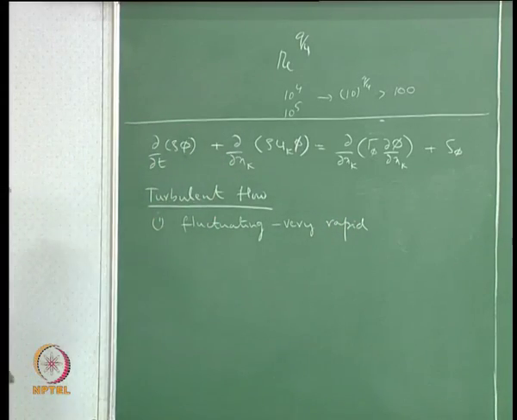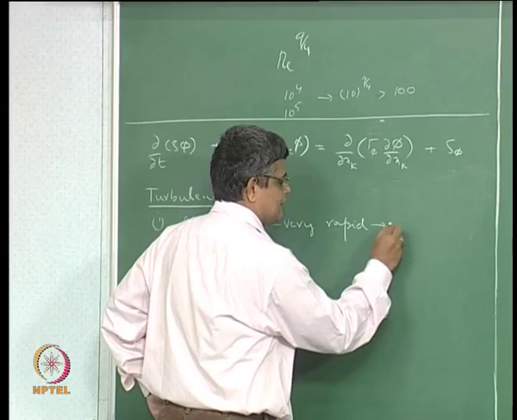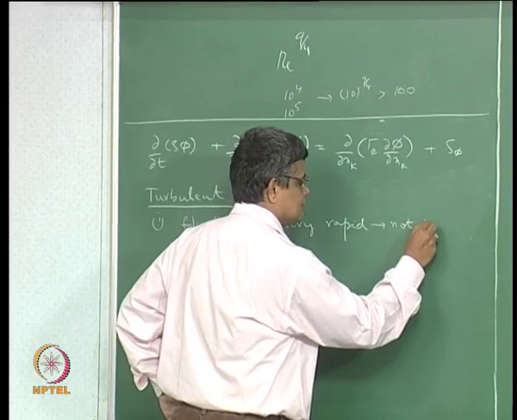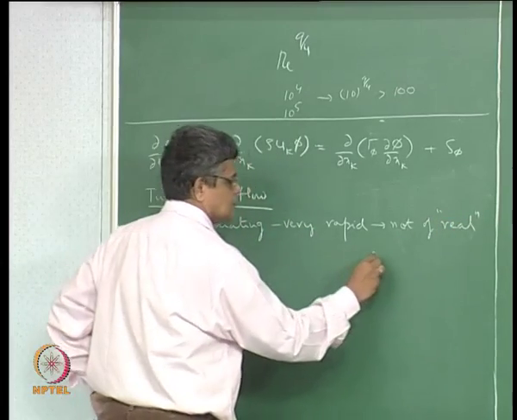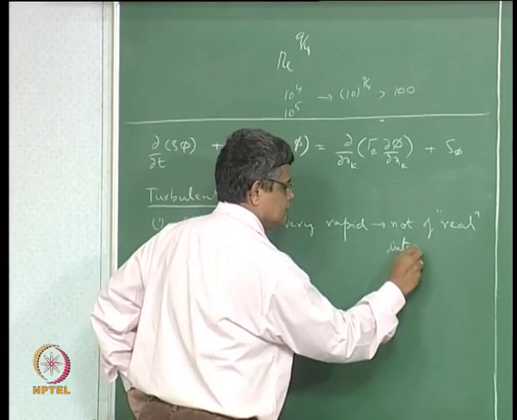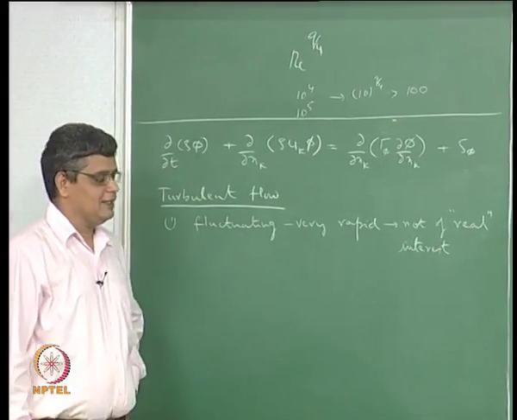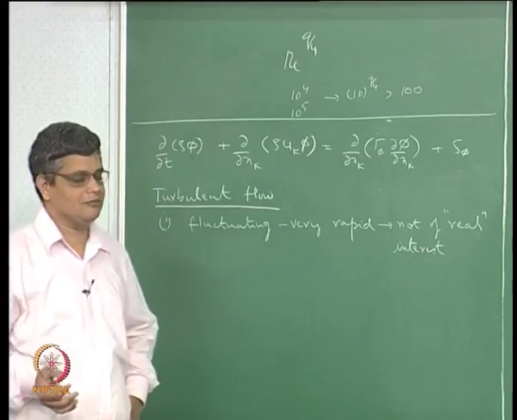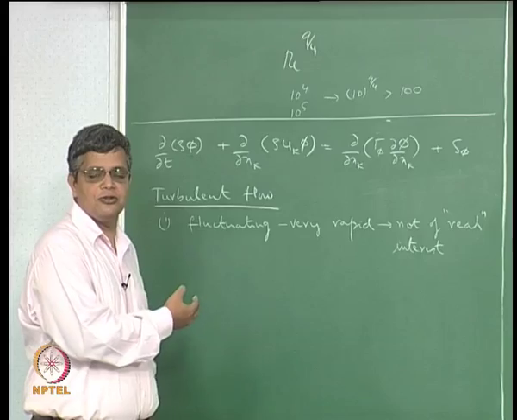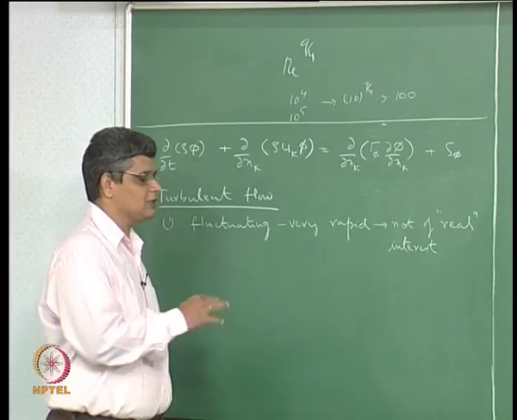This is an inherent feature, and typically these are so rapid that these are not of any real interest, in the sense that typically they are so rapid that they pass over within the blink of an eye, and we don't really want to know why it is so rapidly changing and how it is so rapidly changing.